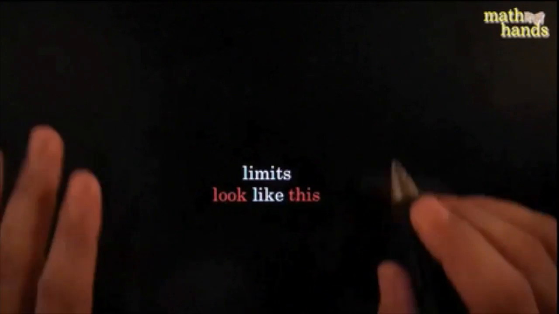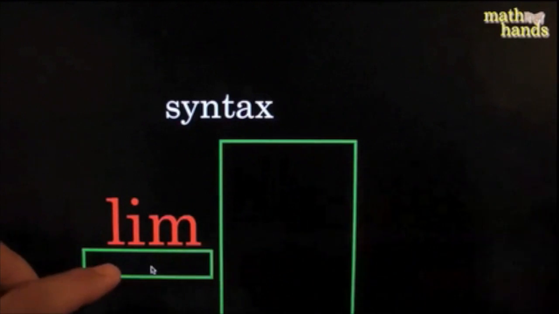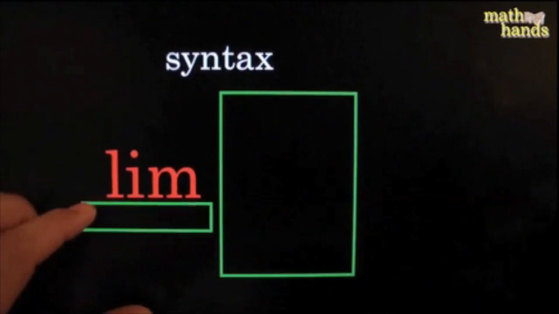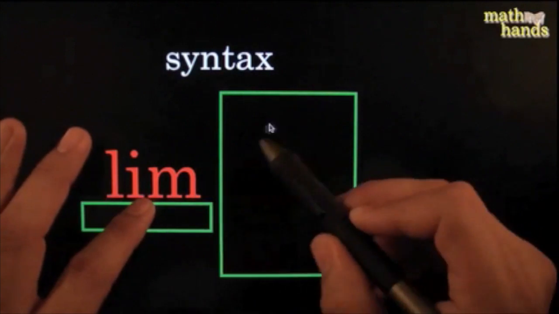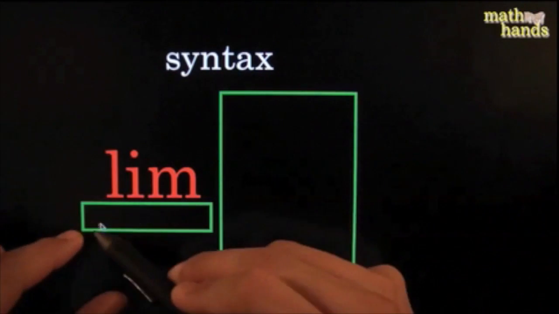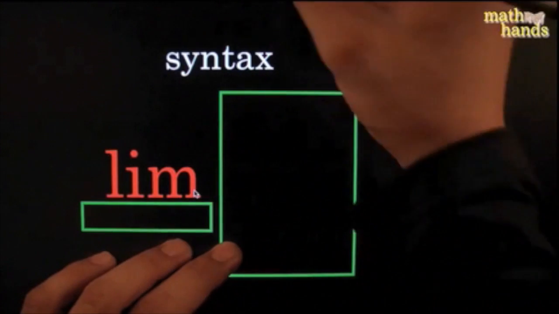So let's take a look. What do they look like? Well, limits look like this. The syntax is this: they say lim, which represents limit, and we usually say the limit of whatever's in here as something happens. So two things are happening.